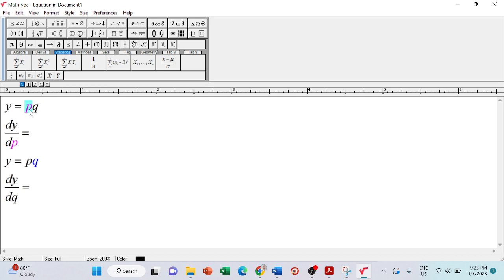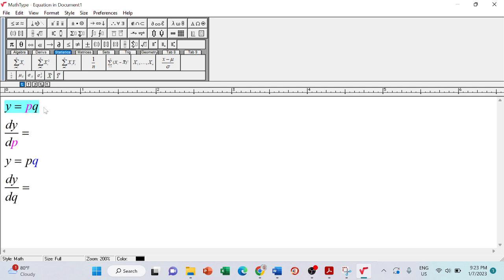Kena assume dia adalah constant. Bezakan P ni, P kuasa 1. Kena bezakan P terhadap P. That's why sini Madam highlightkan. So, P ni with respect to the variable. Q ni kena imagine dia adalah constant. Because tadi mula-mula Madam explain Y sama dengan PQ, dua-dua ni variable, dia bukan constant.